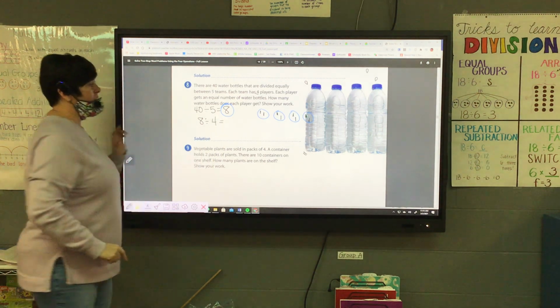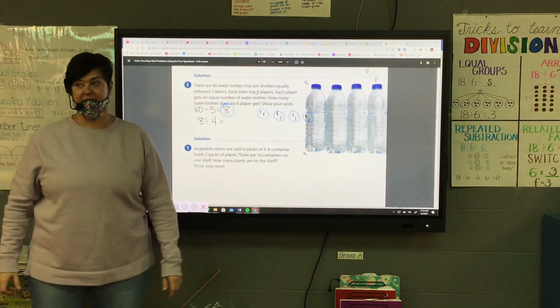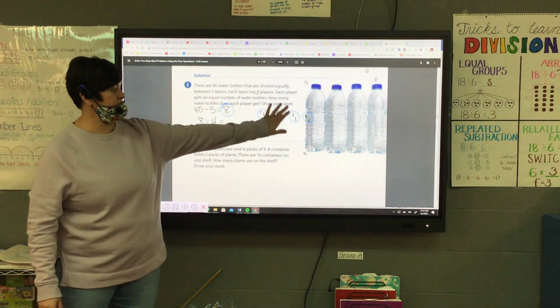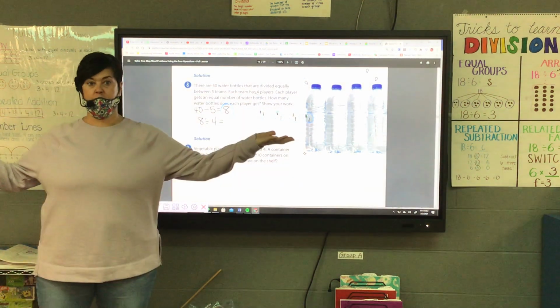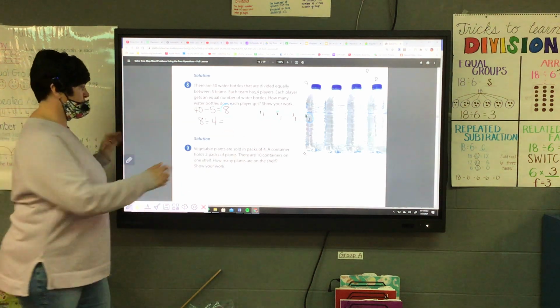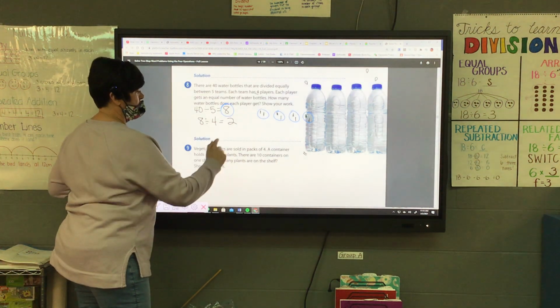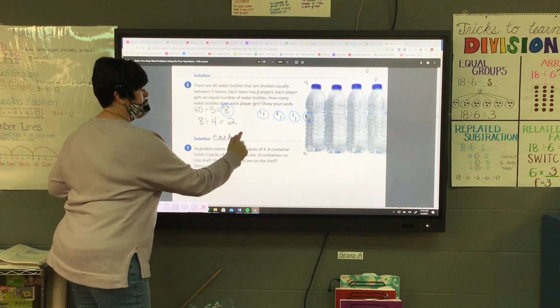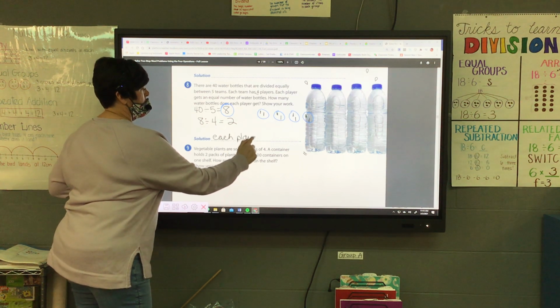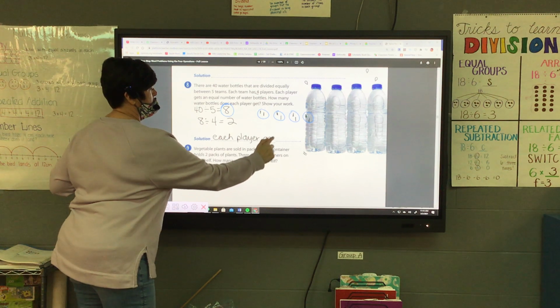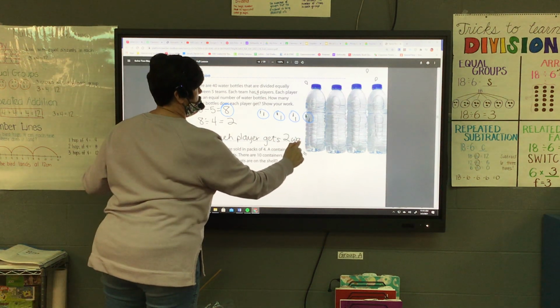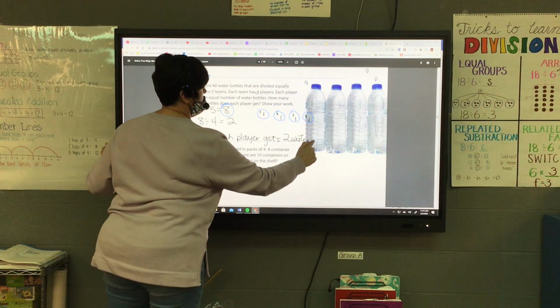And how many water bottles does each player get then? Here's 2, there's 2, there's 2, there's 2. So how many water bottles? 2. There's 2 water bottles. So each player gets 2 water bottles.